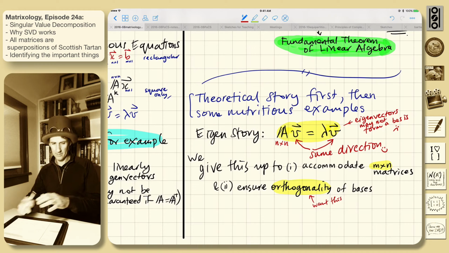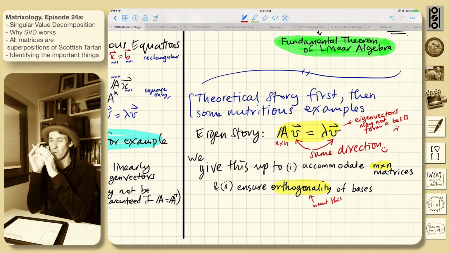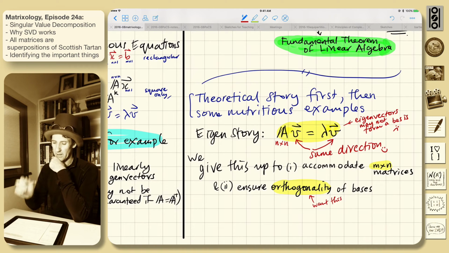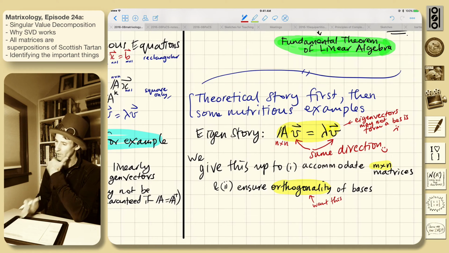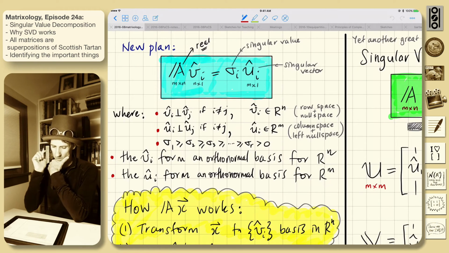I haven't explained, but we know that orthogonality comes from symmetric matrices for the eigenvectors. So we'd love to be able to use that in some way, right? Orthogonal bases are the best bases. Okay, so there are some caveats, but basically that's good.